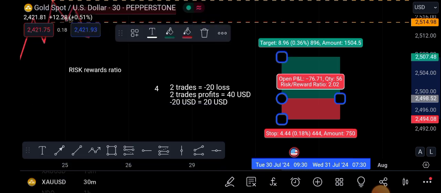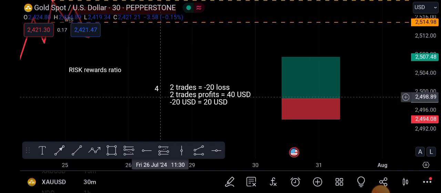Say you took 4 trades a day, and in the midst of these 4 trades, each one you're risking $10. You lost 2 trades, making you lose $20 for the 2 trades. Then the other 2 trades were profitable. You made about $20 per trade. Then you can see that you have about $40 profit.